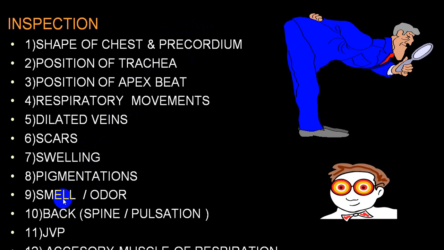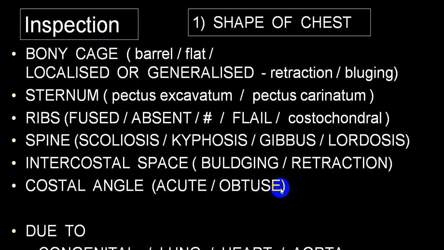And when you stand on the back, look for the spine, any pulsation, any deformities, and also you should mention in brief regarding jugular venous pressure and pulse and any accessory muscle of respiration working, or we call prominent. So these are all the things you look for. All these things should be mentioned in your oral exams. We'll be taking one by one.